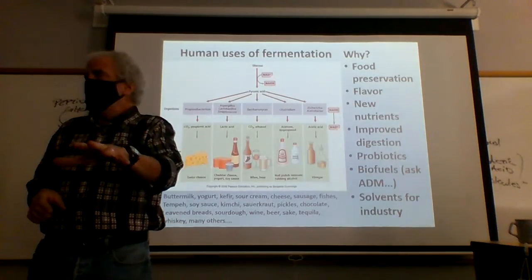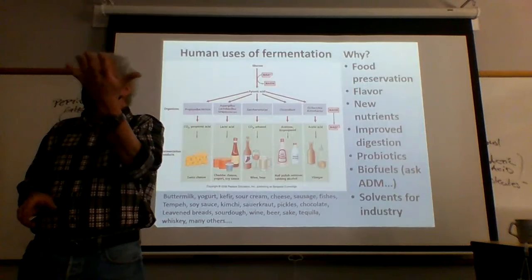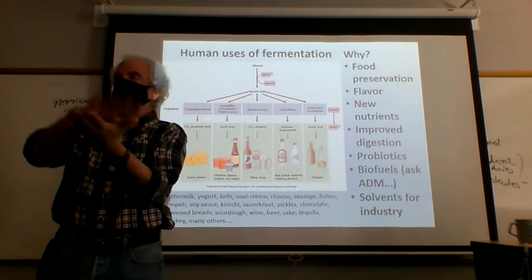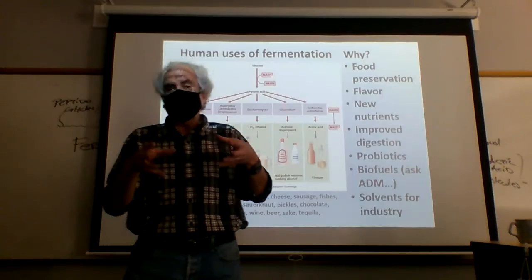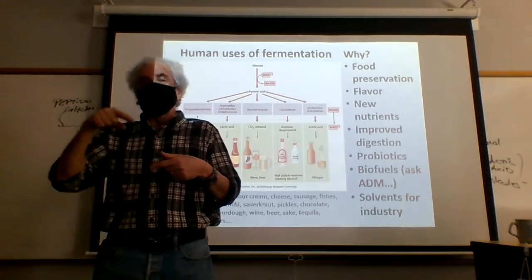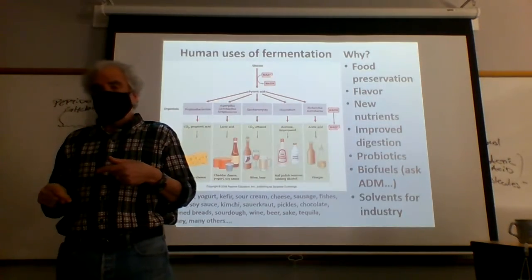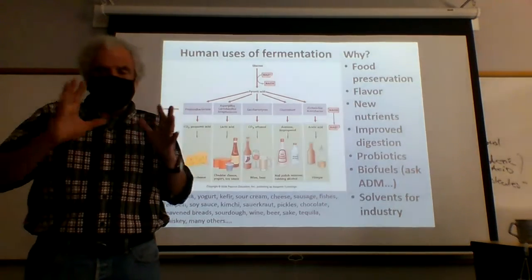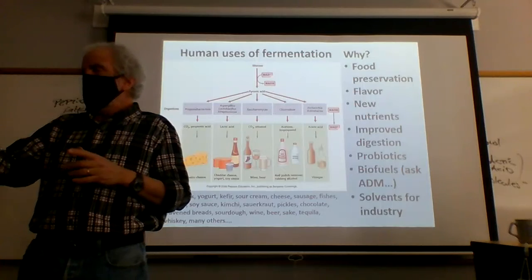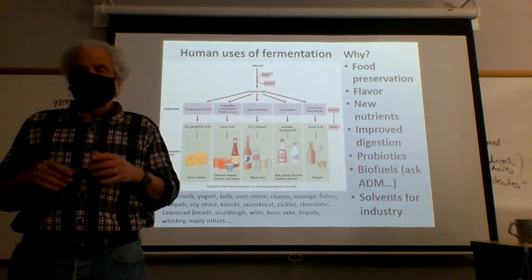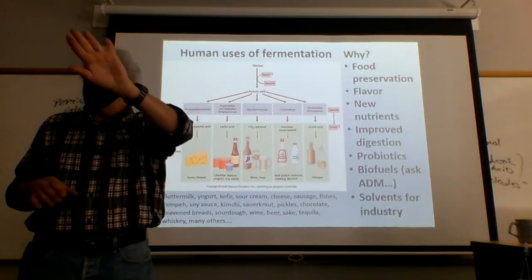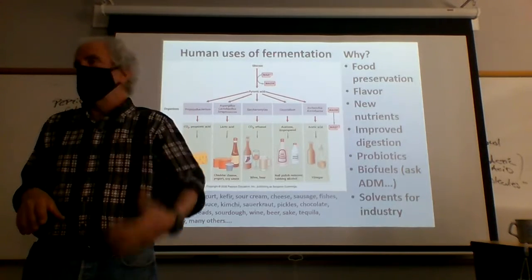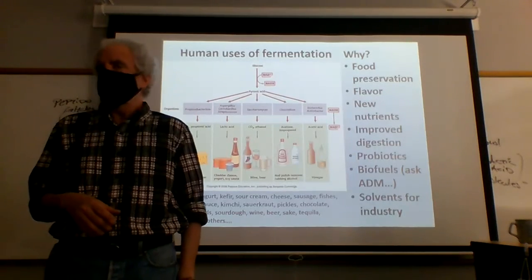You add salt to it, so you're increasing the salt concentration, and then you just let it go. You put a rock on top of it, so you block the oxygen, because you need it to go into fermentation. And the high salt is going to preclude some nasty bacteria, and the pH begins to drop because the bacteria that you culture are actually producing their own vinegar, which is kind of a cool little trick.